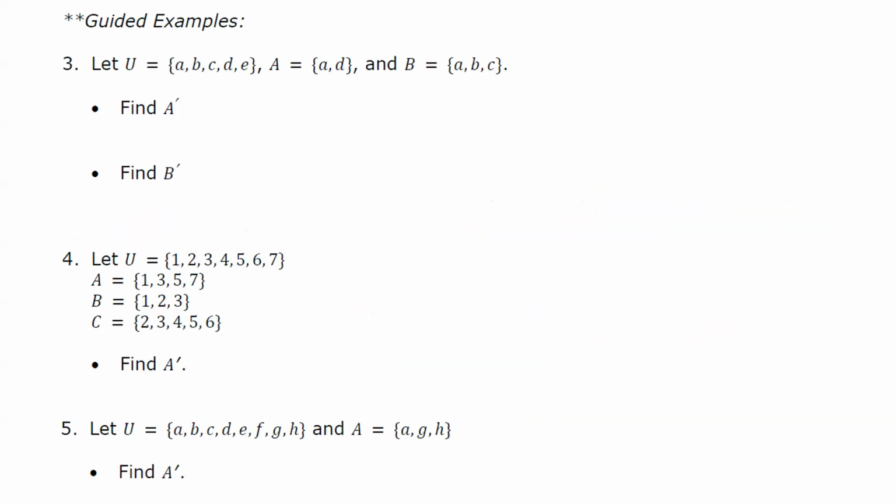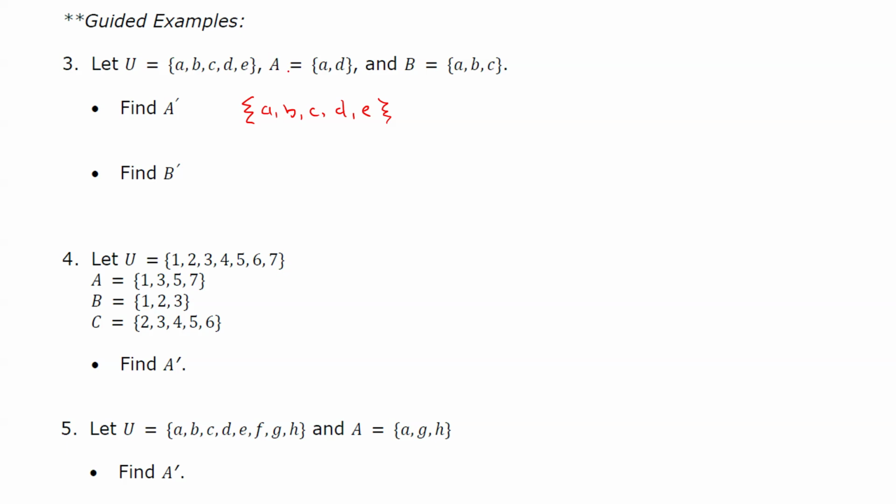All right, let's do some examples. So here for number 3, we have our universal set, A, B, C, D, E. We have a subset A with the elements A, D, and a subset B with the elements A, B, C. We are asked to find the complement of A and the complement of B. So let's list out the universal set and then determine the elements that are left over.